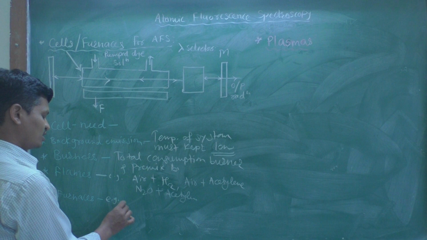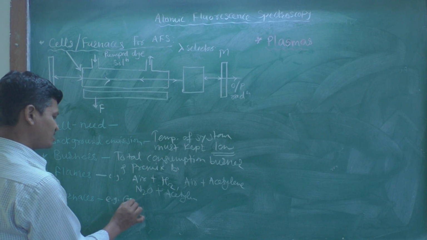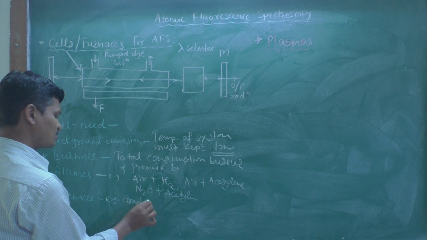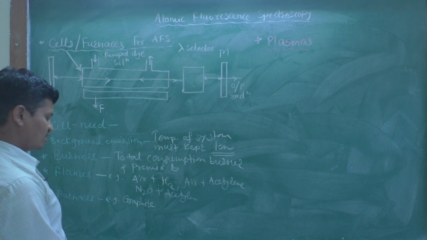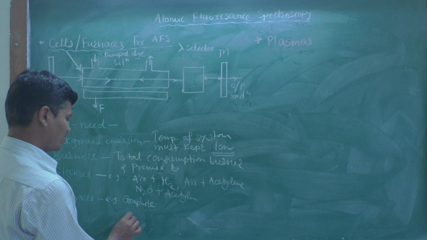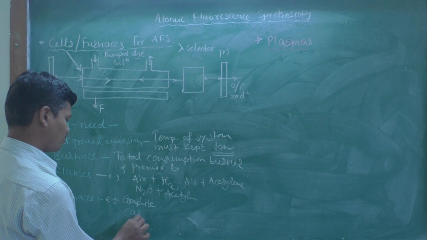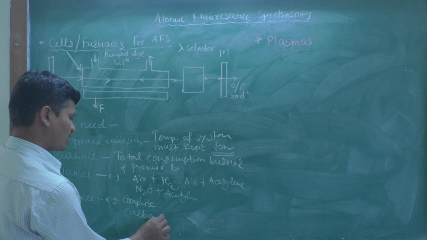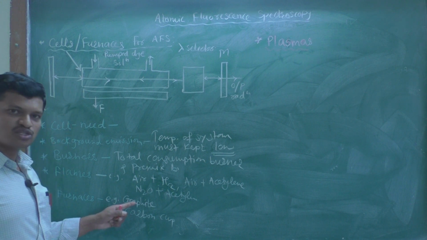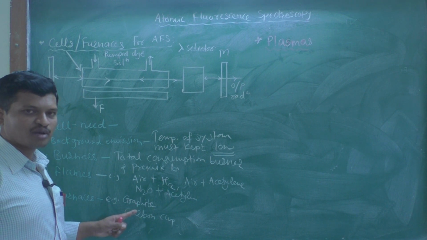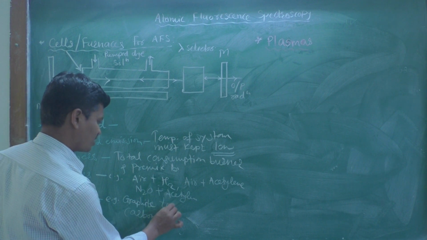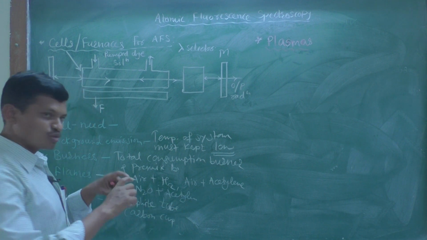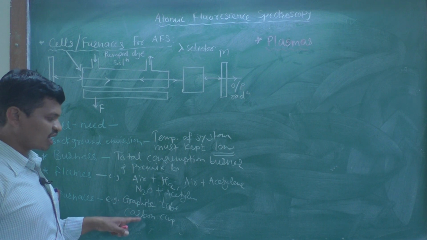For example, graphite, which is also an allotrope of carbon, so a graphite tube is there, or you can use a carbon cup.